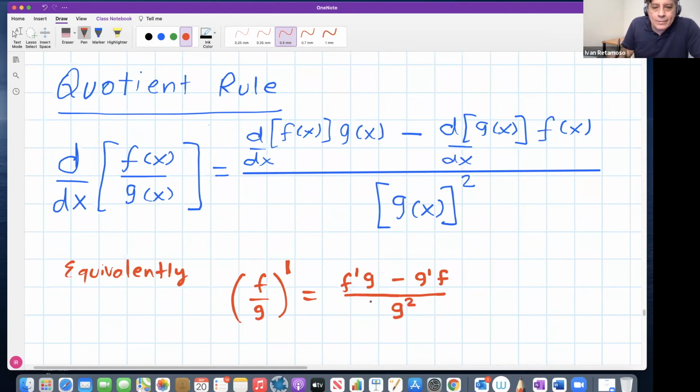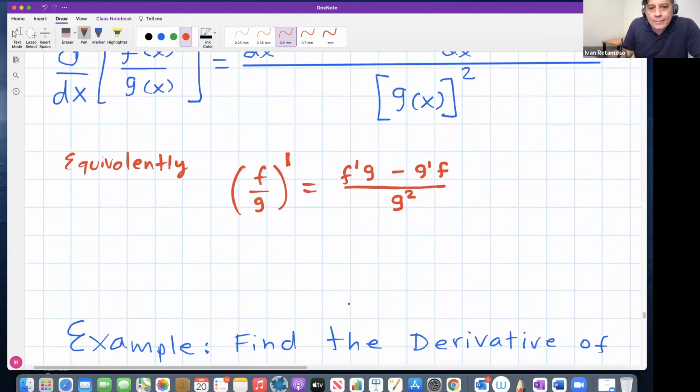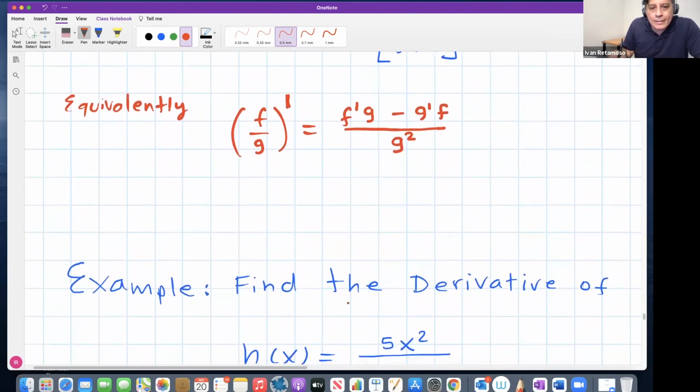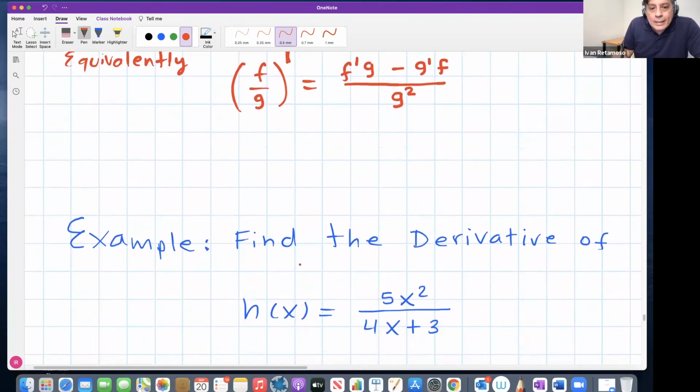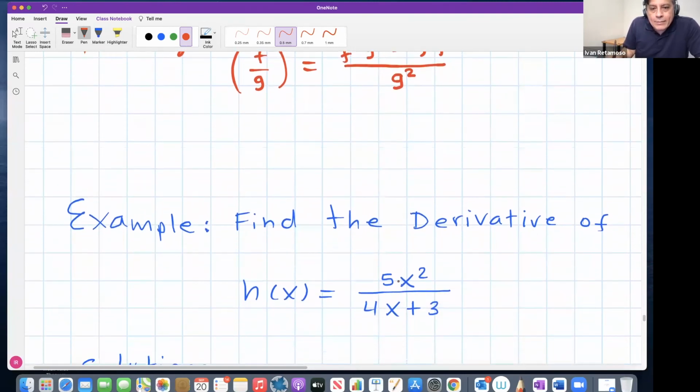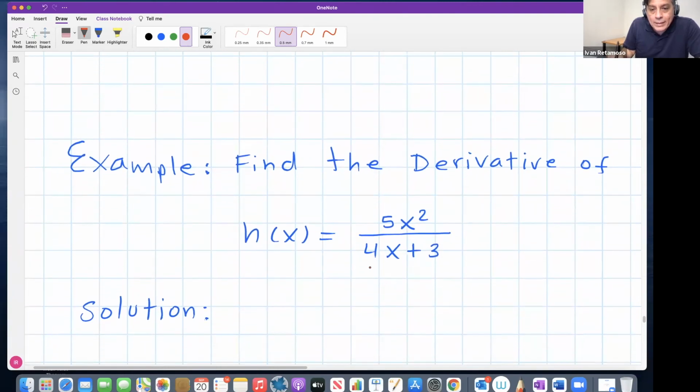All right, so now let me show you an example of how you should apply your quotient rule. Suppose they ask you to find the derivative of this quotient of two functions, 5x squared over 4x plus 3, function h of x.